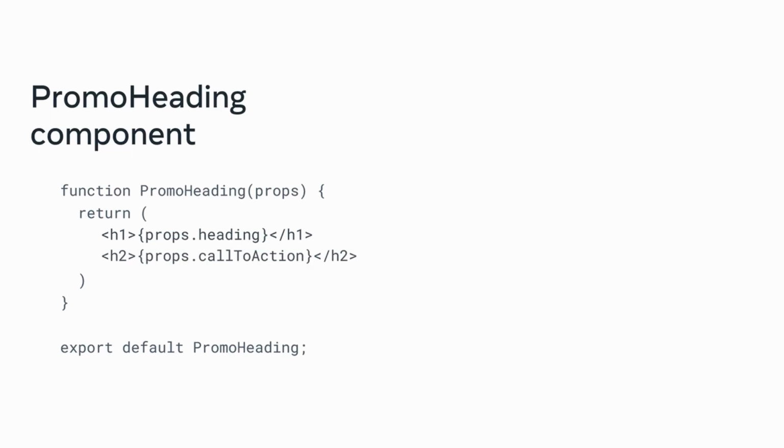Now, this component accepts a props object. Specifically, its two properties, heading and callToAction. The values of the props object are determined in the parent component when you add the specific JSX element that should be rendered. This was achieved when you rendered the promo heading inside the promo component. Here, you access the properties on the data object using the regular dot notation syntax of plain JavaScript.